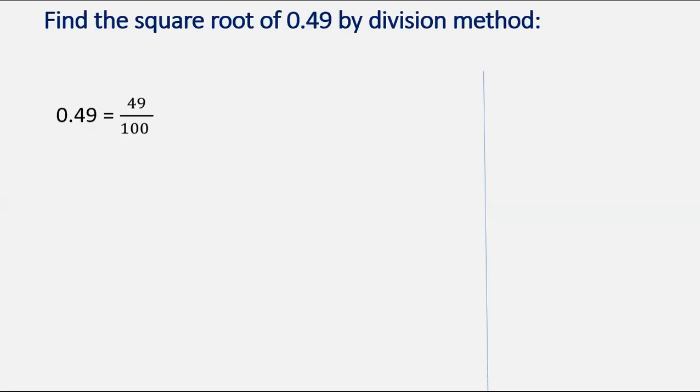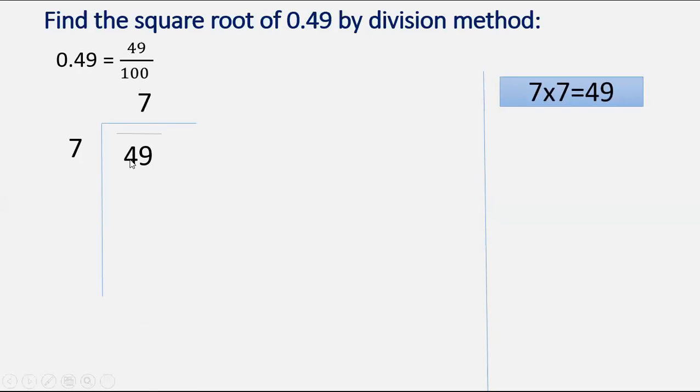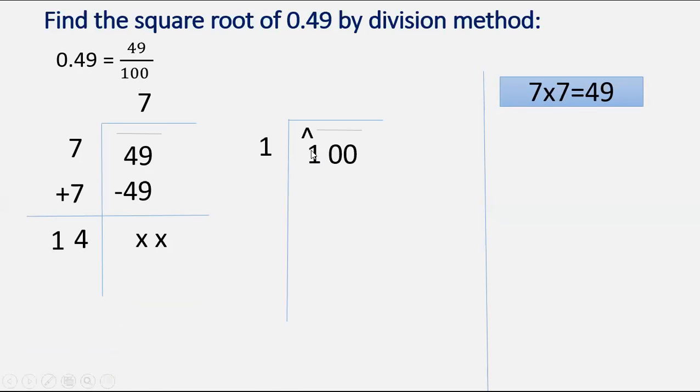Now in the same way, you can solve this question, 0.49. When we remove the decimal, we get 100 in the denominator. First solve the numerator. 7 into 7 is 49. And what about the denominator, my dear? 100 is there, so there must be a cap on 1, and there is a pair of zeros. So 1 into 1 is 1, and 1 minus 1 is 0.